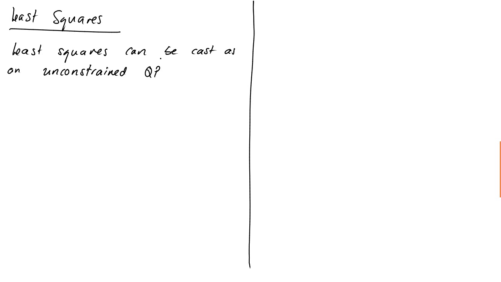How? If you look at the least squares objective, what we're trying to do is to minimize over x the norm of Ax minus b in the 2 norm, which is equivalent to minimizing the square of that.